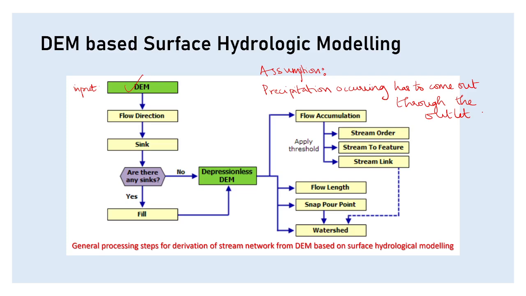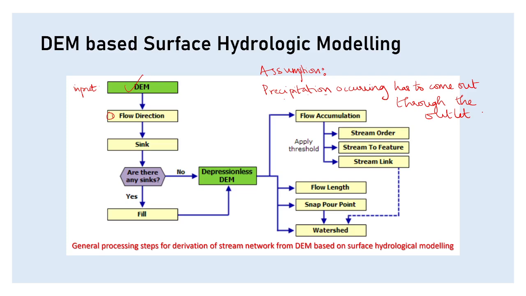So the first thing we need to do is determine the flow direction. Once we get the flow direction, we will identify the sinks. Why we need the sinks is because, based on this assumption, we are saying that the precipitation has to come out, but at the same time it may not be the case.